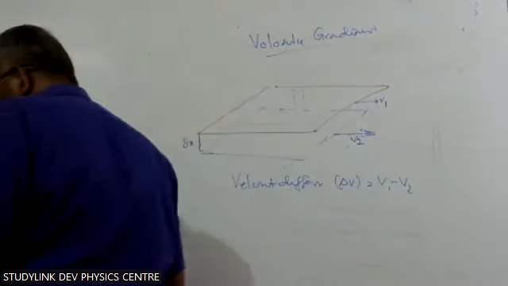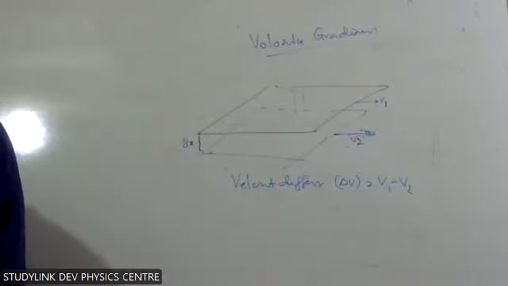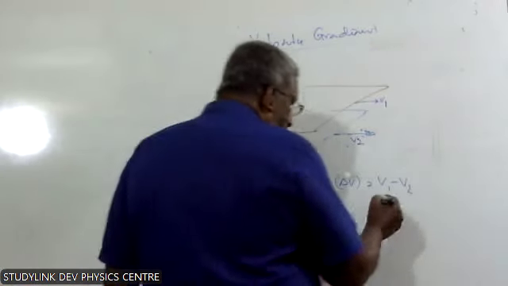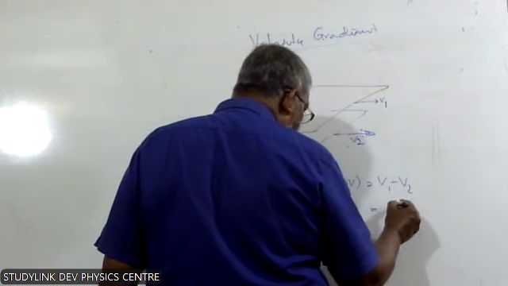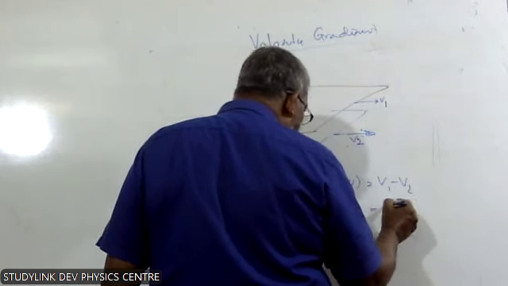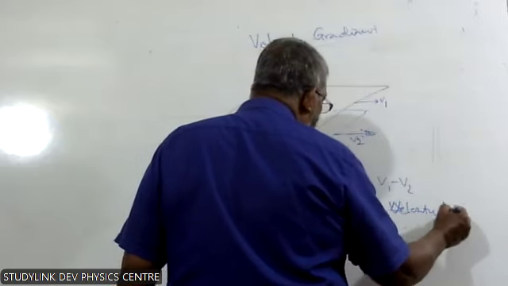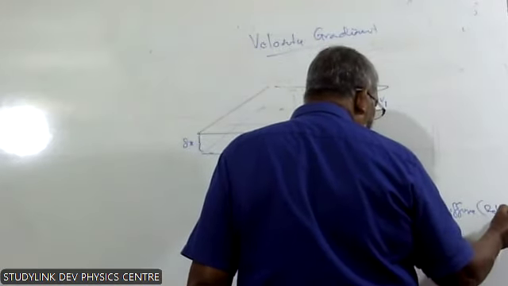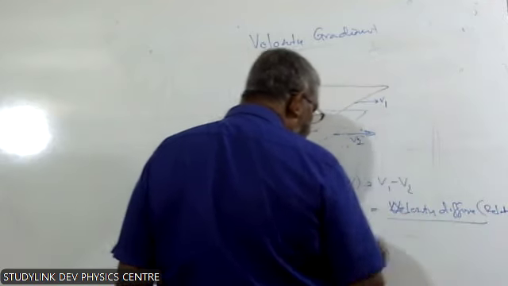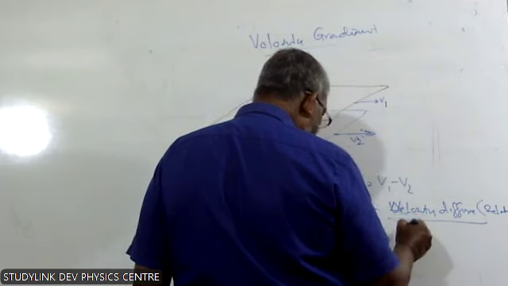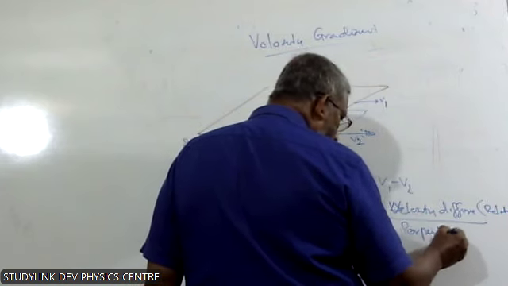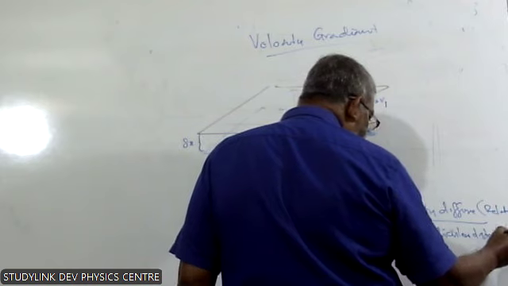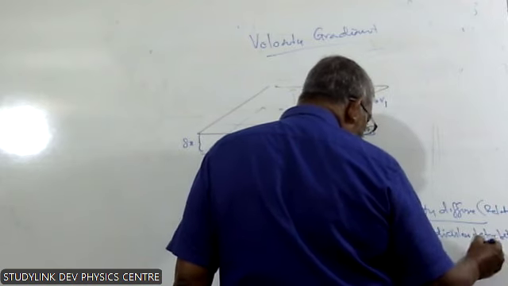Velocity gradient means the ratio between velocity difference, that is relative velocity, divided by perpendicular distance between the two layers.